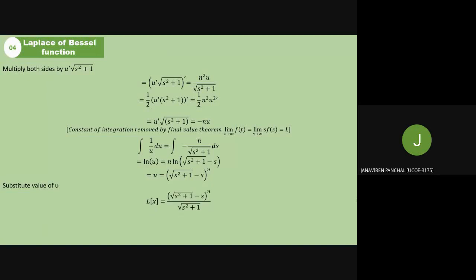Now, we'll be substituting the value of u in it. We get Laplace of x equals to root s square plus 1 minus s the whole raised to n upon root s square plus 1. So hence we can say that Laplace of Jn is equals to root s square plus 1 minus s raised to n upon root s square plus 1.